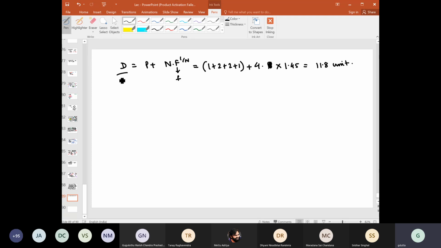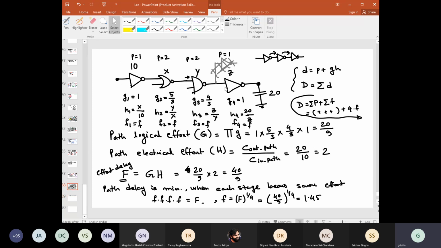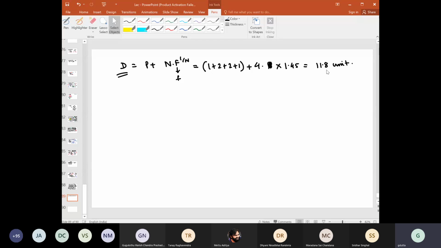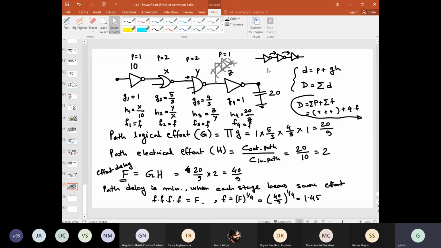So this would be the total delay of this particular circuit, and we have applied the condition of the minimum. So the delay that we are getting, 11.8 units, would be the minimum delay for this path, right?